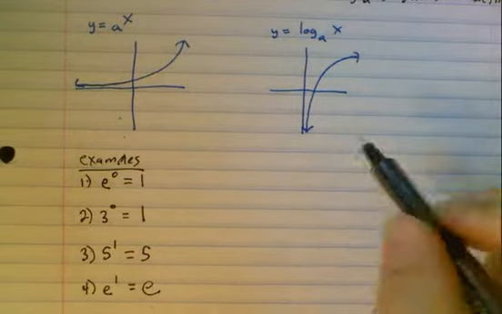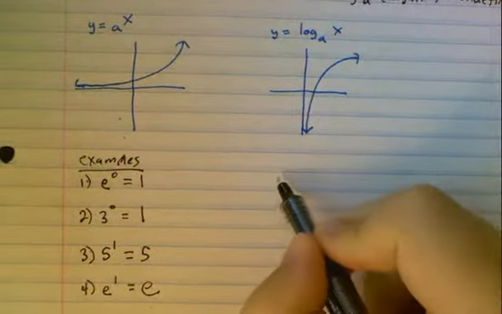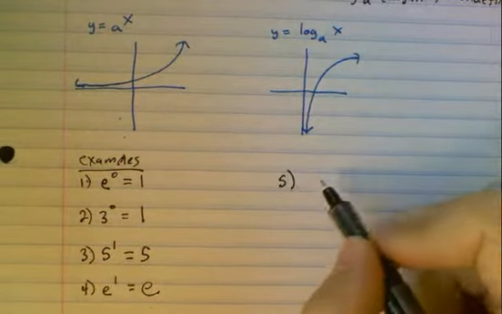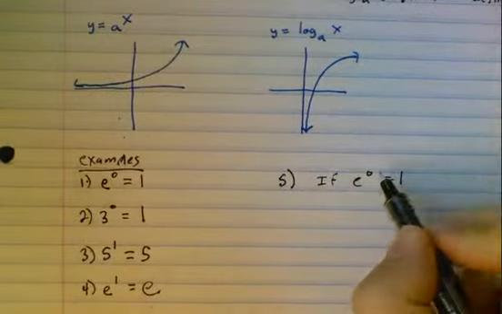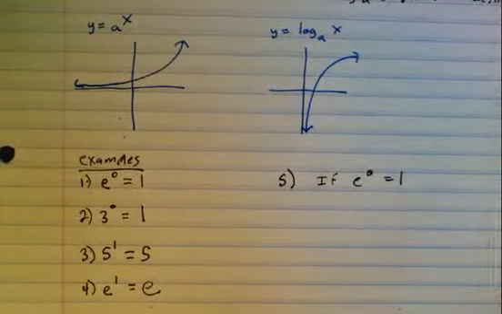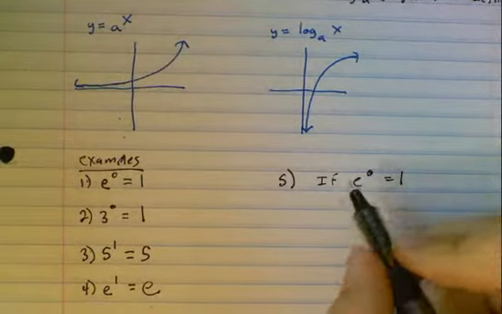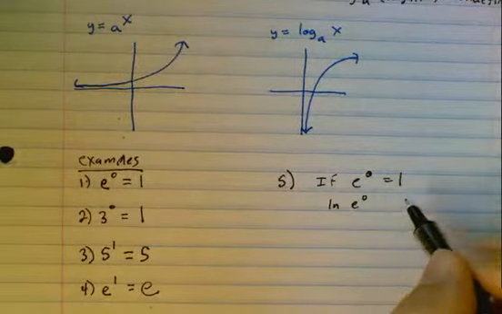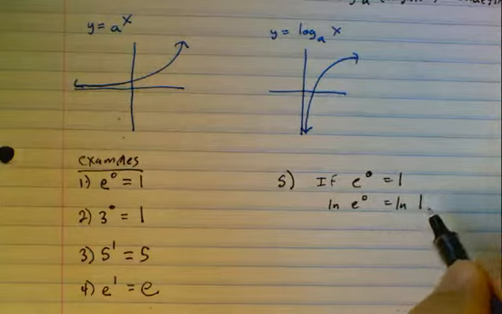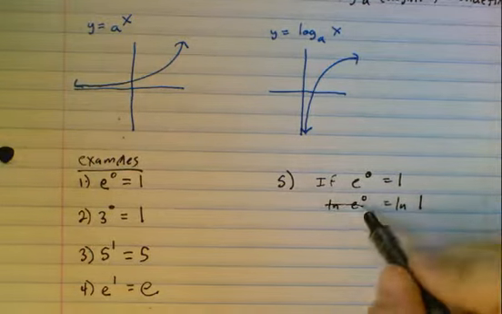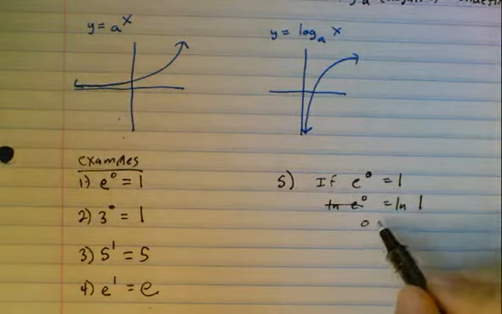On the logarithm end of things, let's look at some. So let's say e to the 0 equals 1. That means that if we take the natural log of both sides, remember, these undo each other.